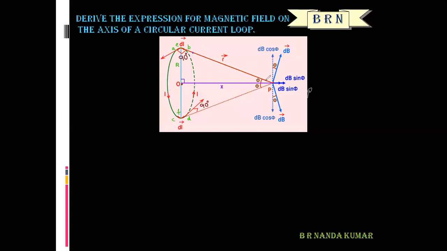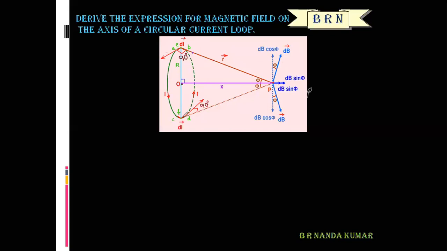The direction of magnetic field dB vector is perpendicular to the plane containing the two vectors, dl vector and r vector. So the angle between dl vector and r vector is exactly 90 degrees.